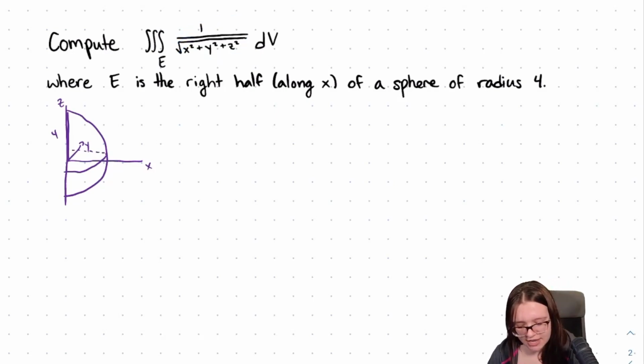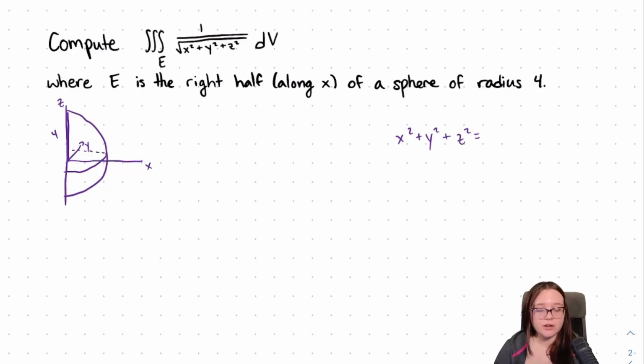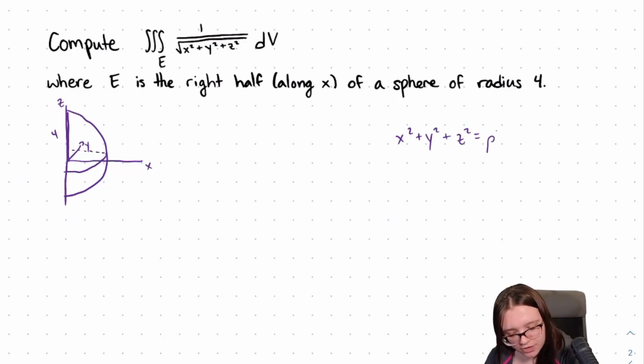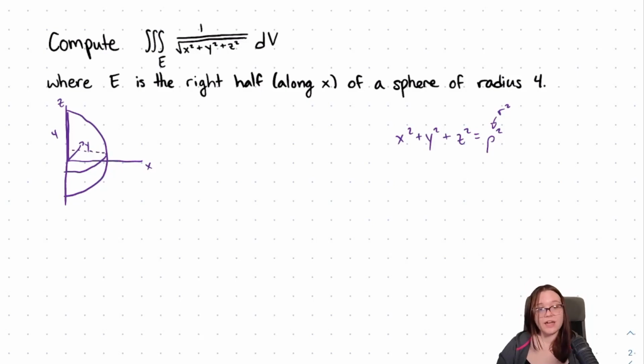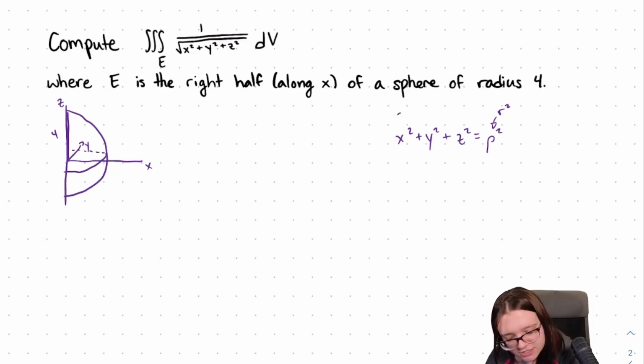Inside of there, we've got x squared plus y squared plus z squared, which we remember is actually rho squared, where if you're in a physics class or looking at some other source, we might also call this r squared.